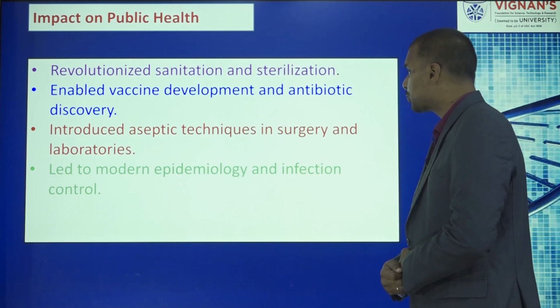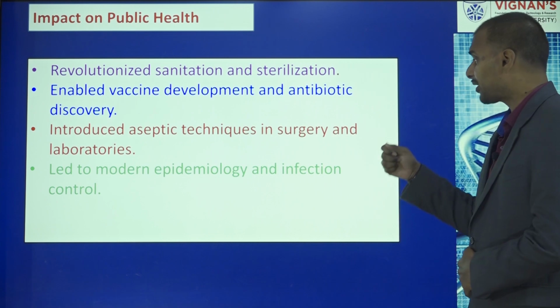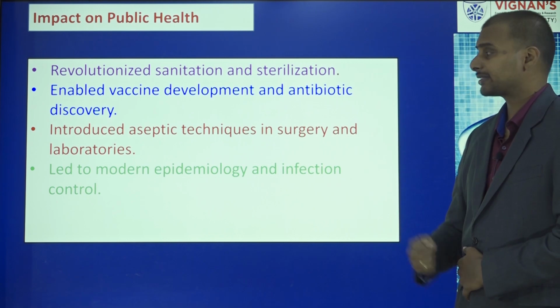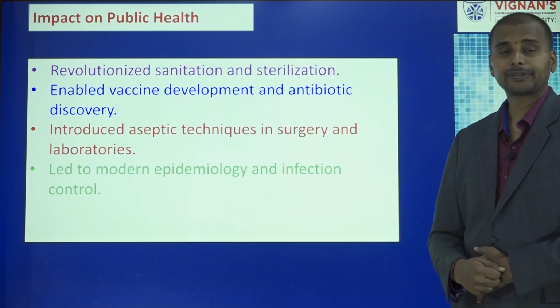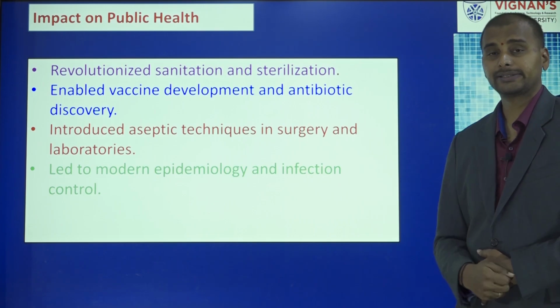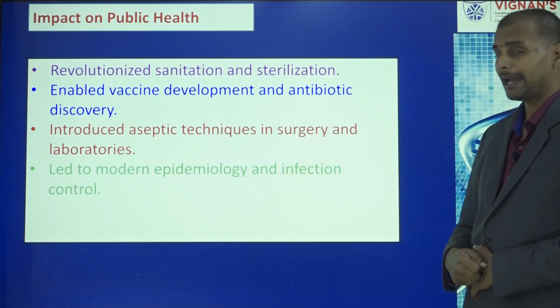And it also introduced aseptic techniques in surgery and laboratories, and it led to modern epidemiology and infection control methods, so that we are able to control the spread of disease, and also prevent the onset of infections in healthy people.